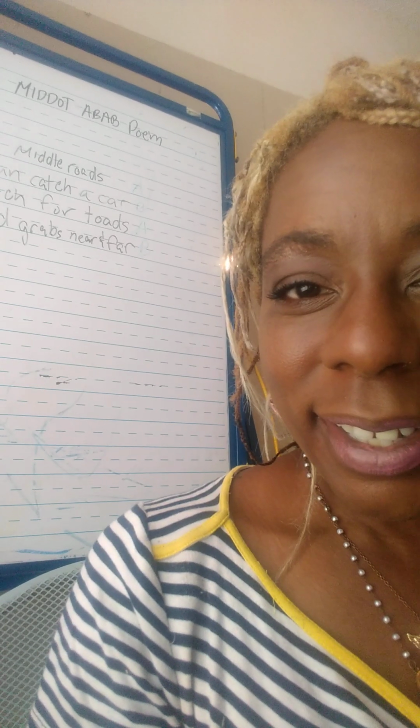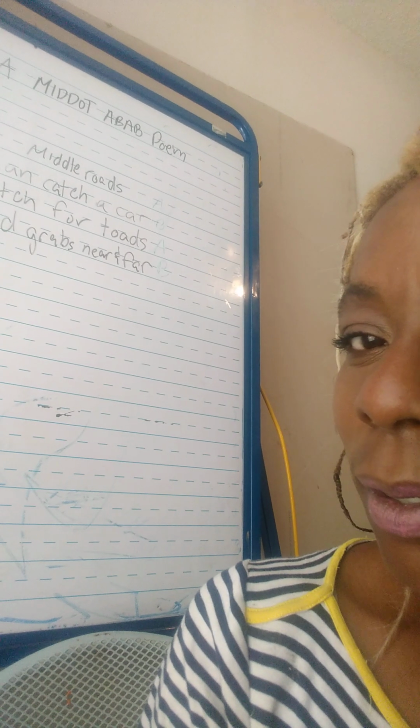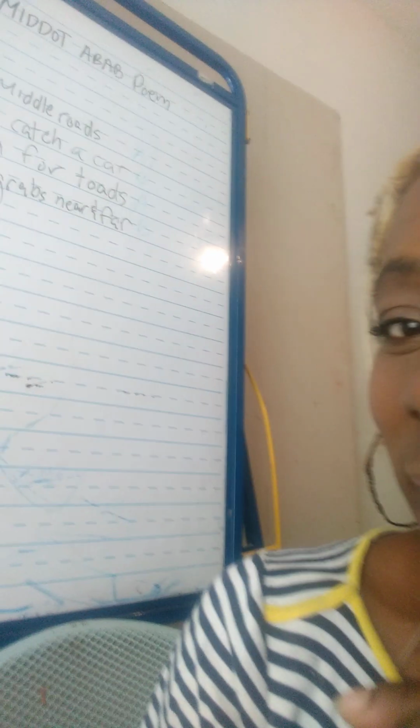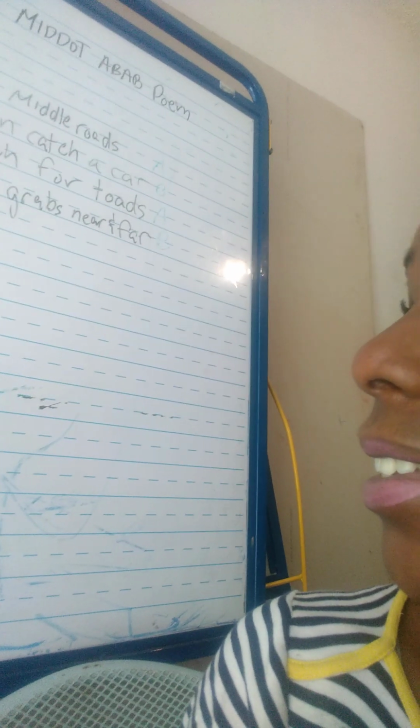And it begins, middle road, A. You see, road is the rhyming word, and so we signal A because a new rhyme has transpired. The second line is, catch a car. We signal B because car does not rhyme with road.